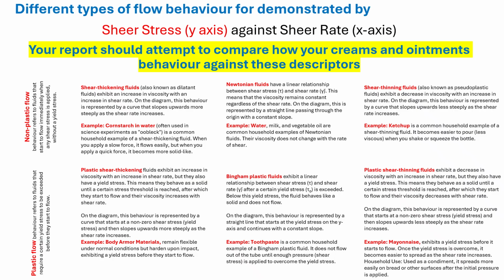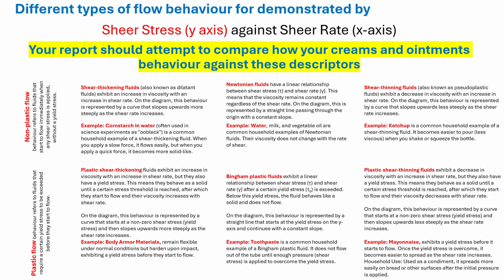Again, with this particular slide, what I've got going on here is some descriptions, and it's broken down in exactly the same way as the previous slide was, between non-plastic on the top and plastic flow on the bottom, trying to give some nice examples that you should have come across and to describe how those materials behave.